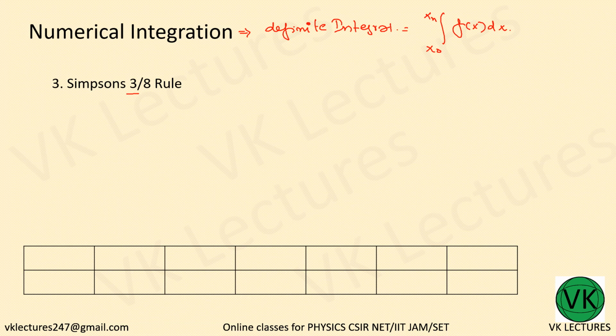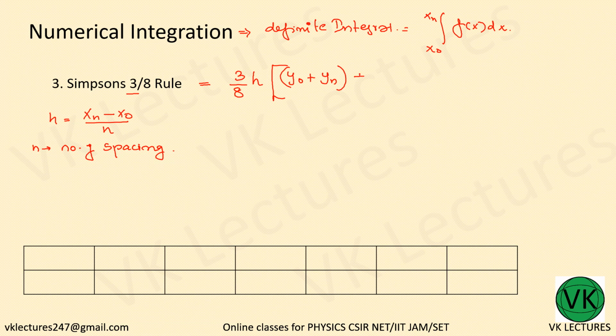Now Simpson's 3 by 8 rule is equal to 3 by 8 times h, where h is equal to xn minus x0 divided by n, where n is the number of spacing between xn and x0, into y0 plus yn plus 2 times y3n plus 3 times the remaining y terms.